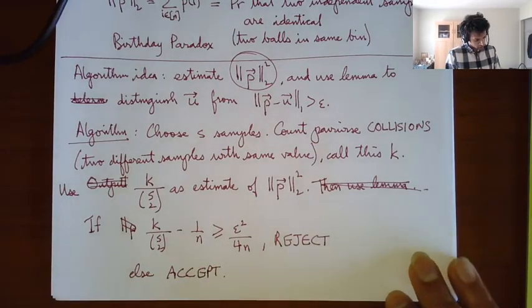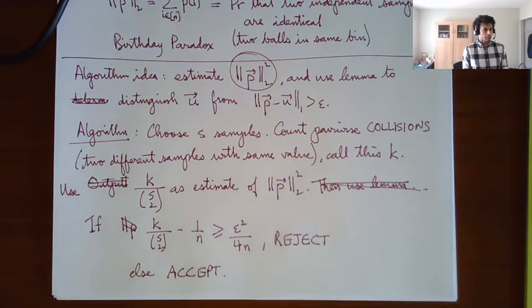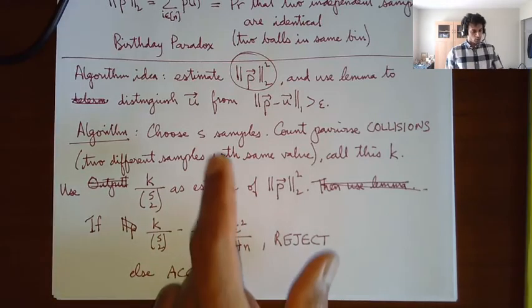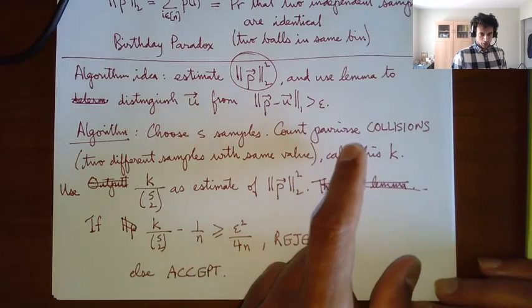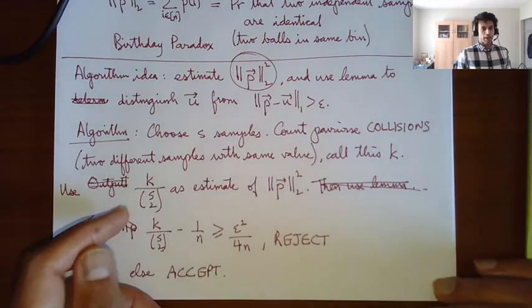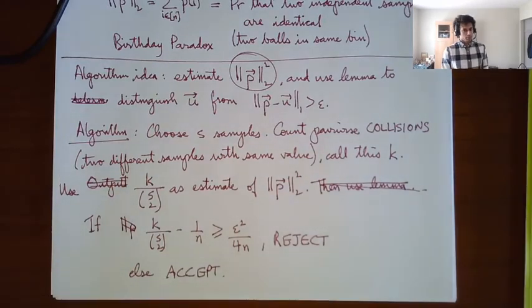That's going to be the algorithm. Very non-trivial, very different kind of algorithm. It doesn't really estimate individual probabilities. It chooses some S samples, counts the number of pairwise collisions, divides that by S choose 2, subtracts 1 over n, and then uses that to determine whether to accept or reject. So any questions about the algorithm?